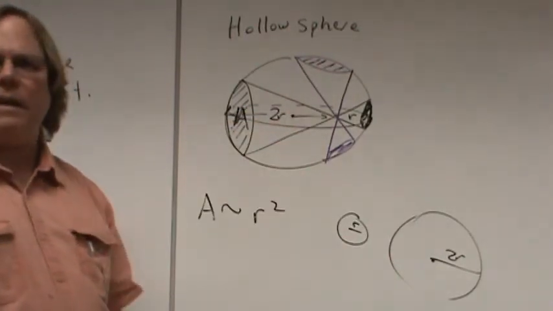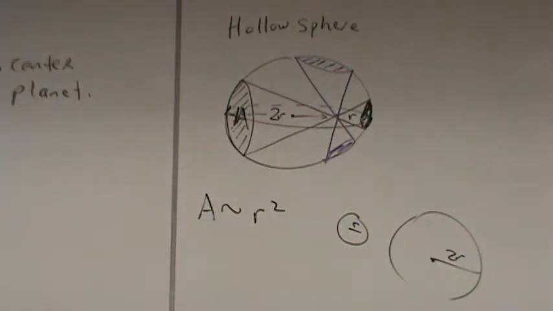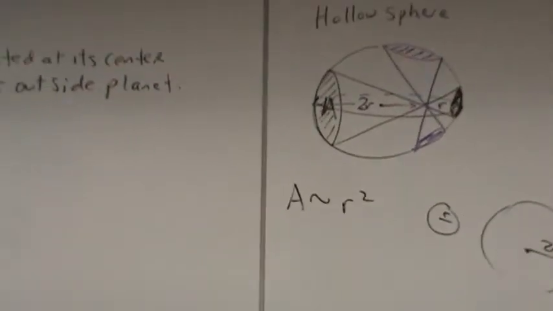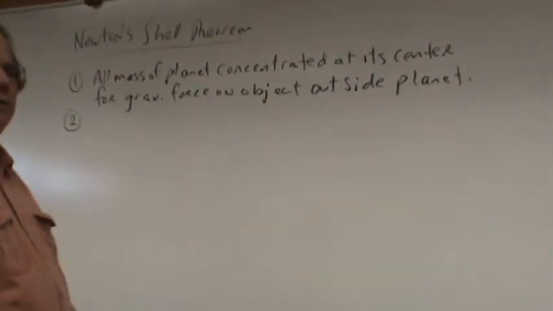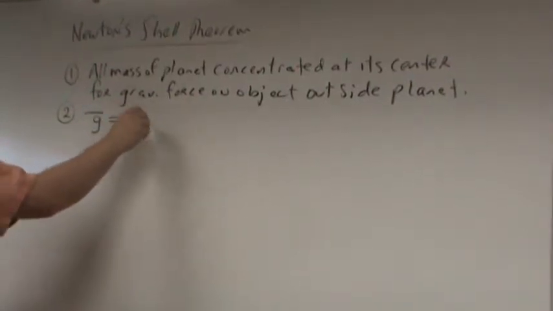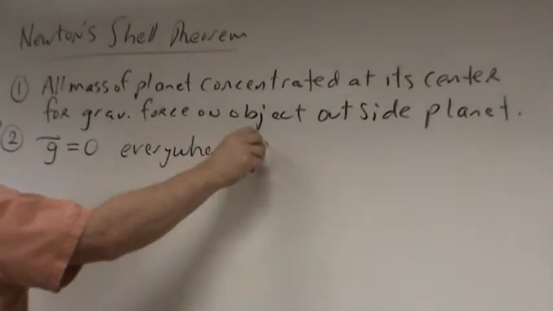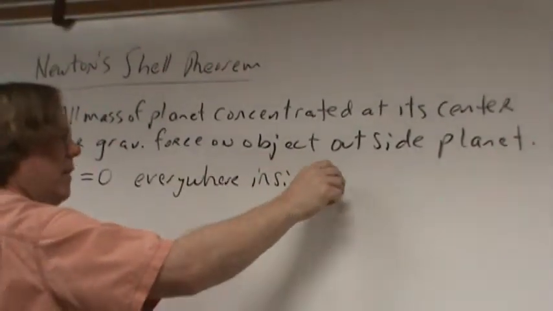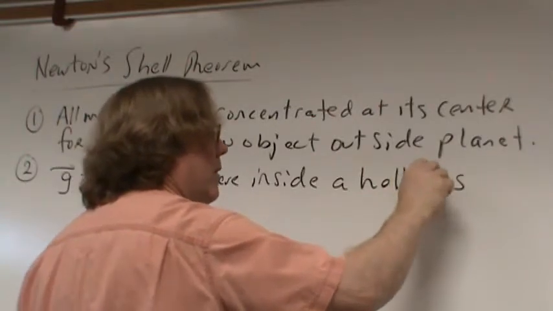And they exactly cancel each other. So the second part of Newton's shell theorem says that everywhere inside a hollow shell or a hollow sphere, the gravitational field is 0. Gravitational field equals 0 everywhere inside a hollow sphere.